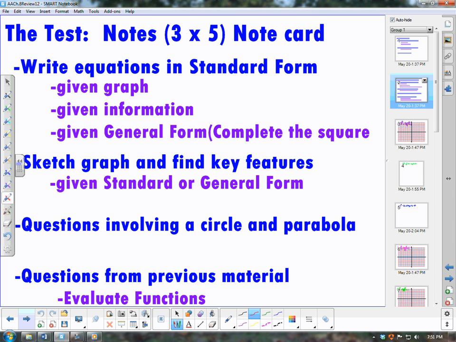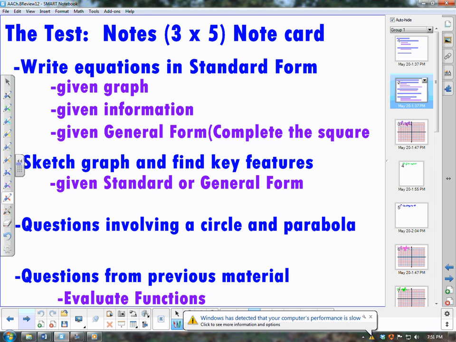For the graphing calculator part, you may use a 3x5 note card, which will be taken on Thursday, I do believe, or Friday, depending on what hour you're in. And so the things you'll have to do there is write equations in standard form, given a graph, given information, given the general form, where you have to complete the square.